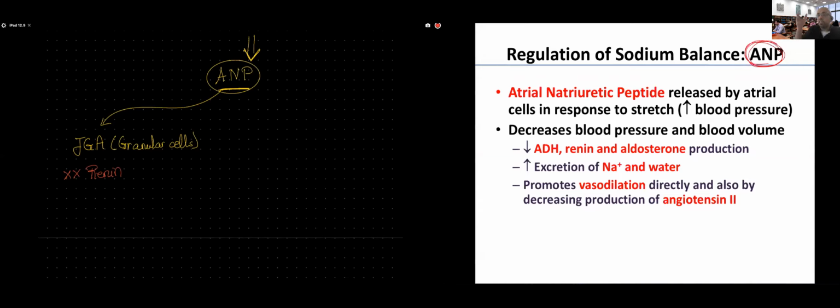No. Remember, renin is required for you to get angiotensin 2. If you don't release renin, you don't get angiotensin 2. And can you remind me, please, what was the very first action of angiotensin 2 that we mentioned? We mentioned 5 actions for angiotensin 2. The very first one, from its name: angio, blood vessels, and tension, applying tension.